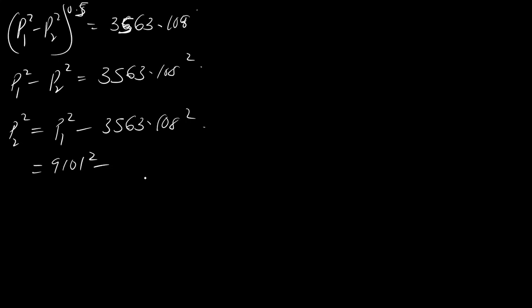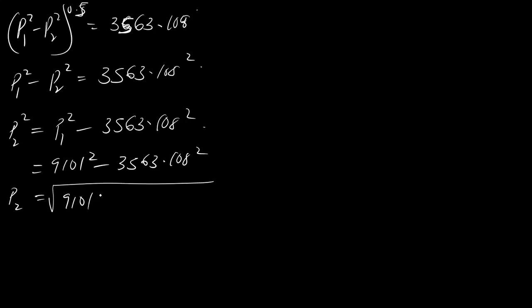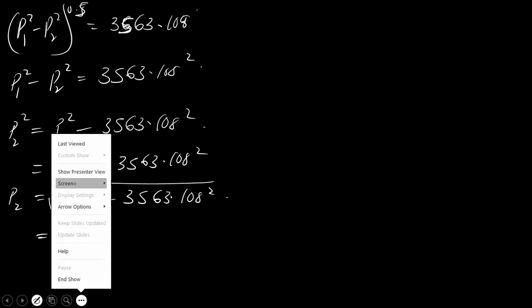So we have P1, which is 9,101 square minus 3,563.108 square. So what we are going to have for P2, taking the square root of both sides, you now have 9101 square minus 3563.108 square. So now let's make use of our calculator here.